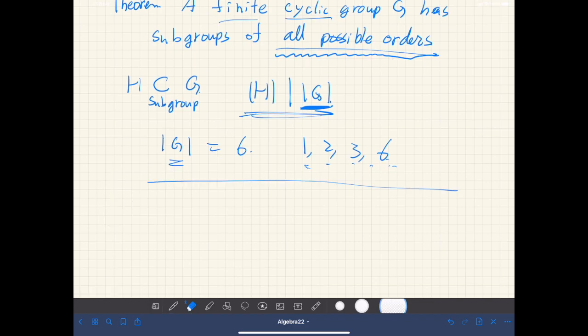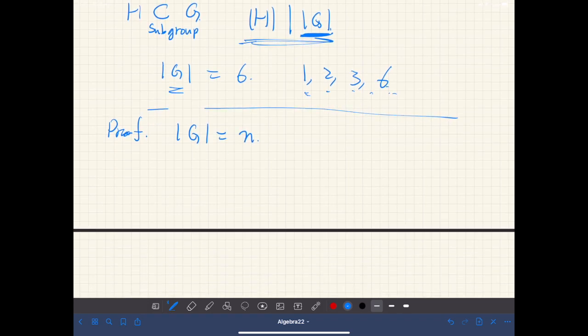Okay, let's prove this. Suppose the order of G is n. And let's say n is a multiple of m, so n is m times d, and if there is any subgroup of G with order m, then it must divide n like this.